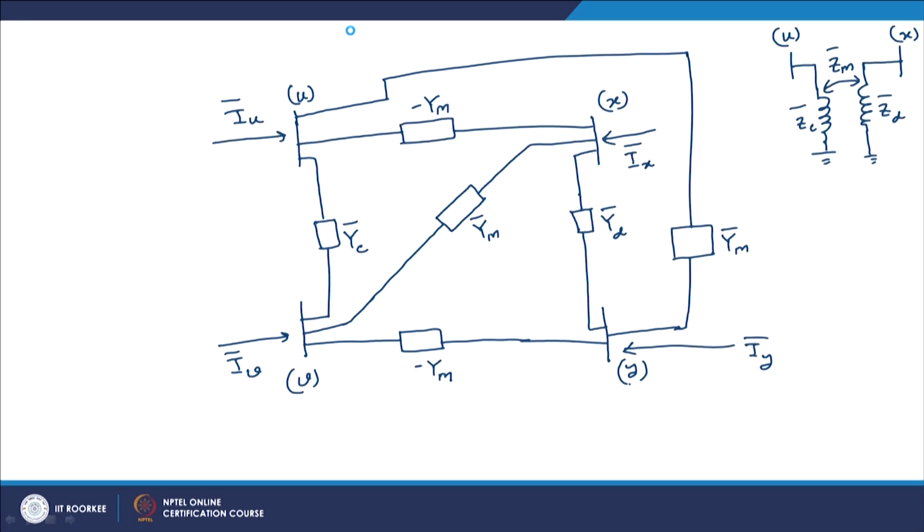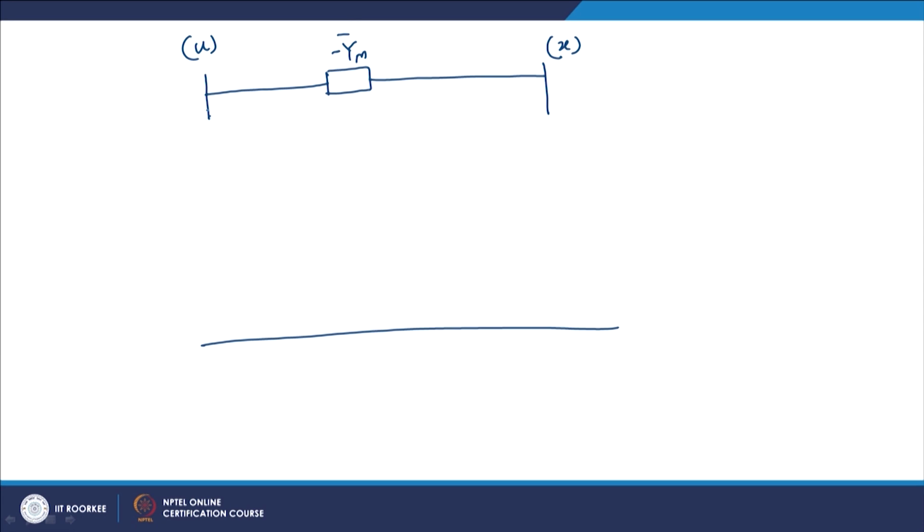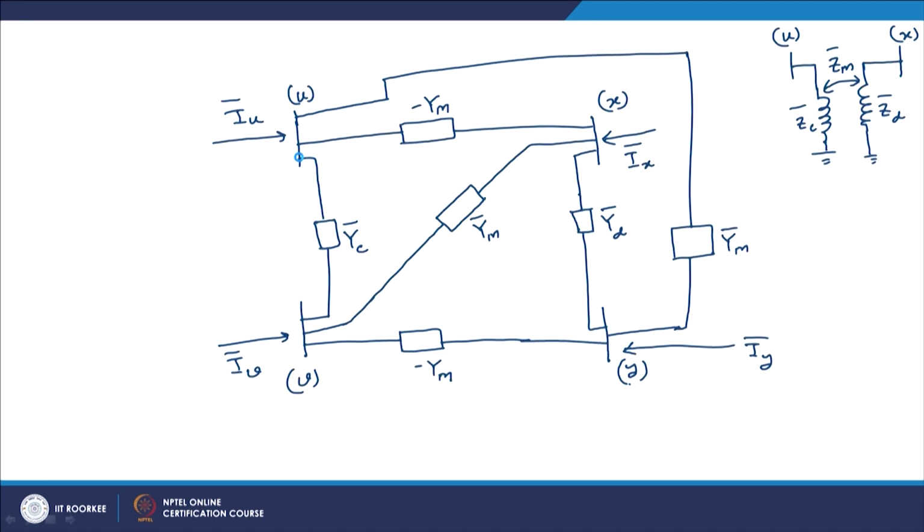Between bus U and V, that is the common point, there is Yc. And between U and Y also there is another element, that is Ym, but because V and Y are the same point, Ym is also in parallel with Yc.